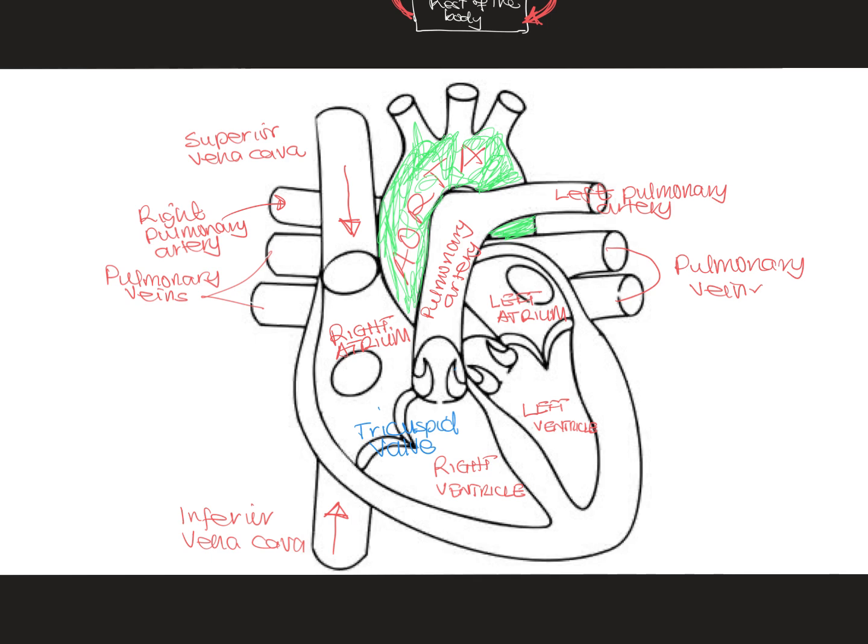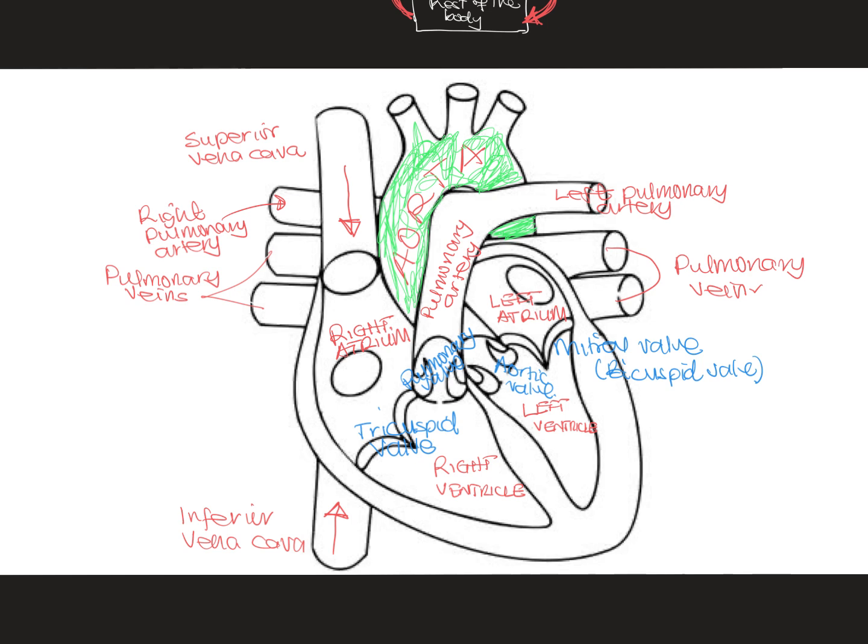Pulmonary valve. The valve that is between the left atrium and the left ventricle is called the mitral valve, or some call it the bicuspid valve. The valve that is between the left ventricle and the aorta is called the aortic valve.